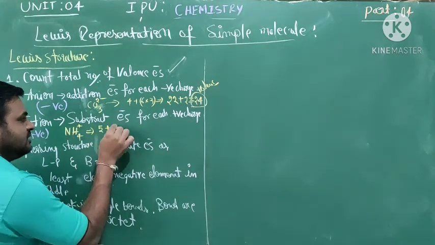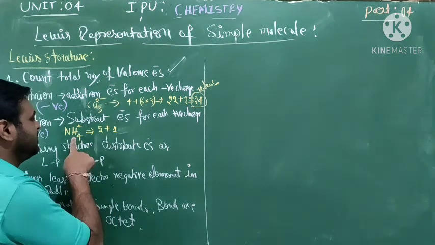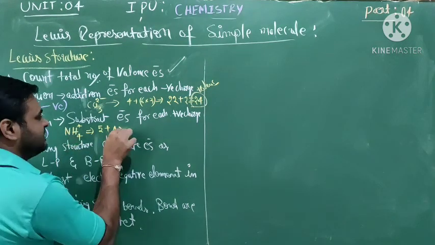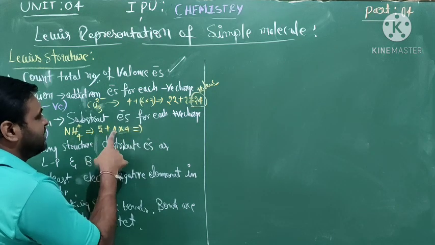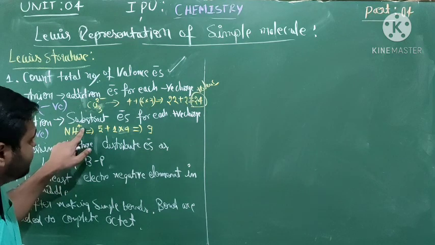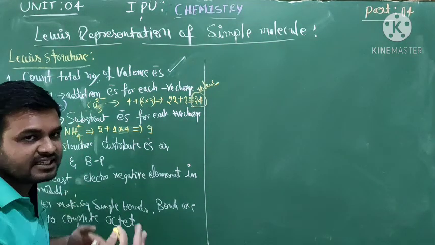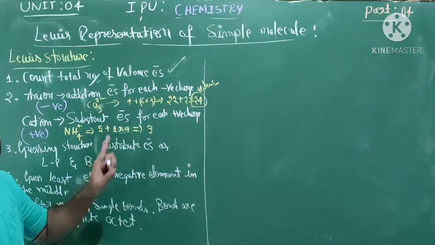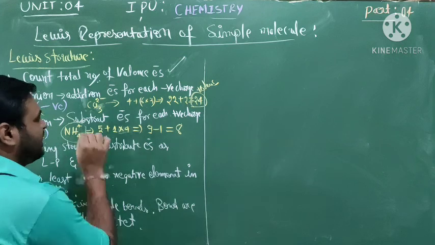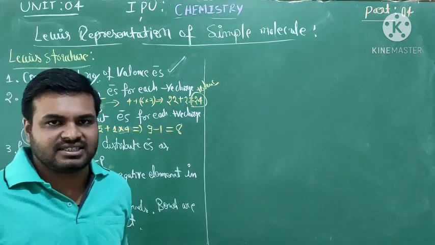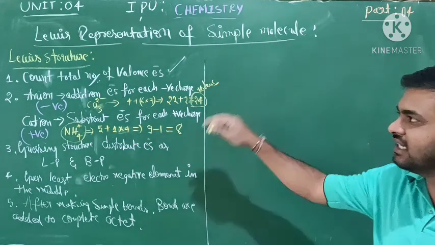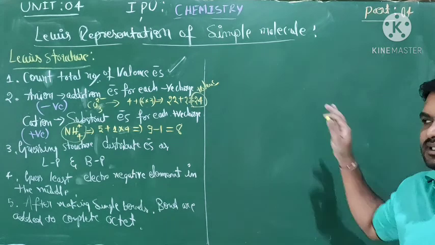Plus hydrogen, one valence electron, into 4 because 4 hydrogen atoms are present. So 5 plus 4 is 9. But the plus charge is there. Plus charge indicates loss of 1 electron, minus 1. The total for this molecule is 8 valence electrons. Clear? This type of addition and subtraction is involved in any type of example.